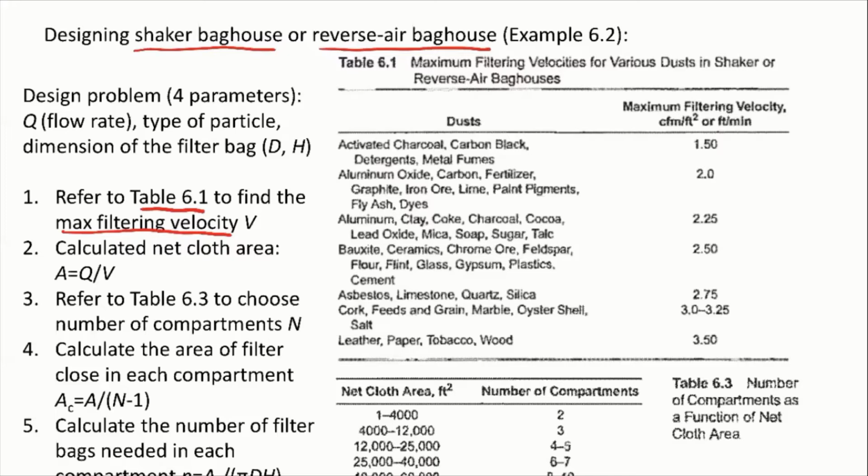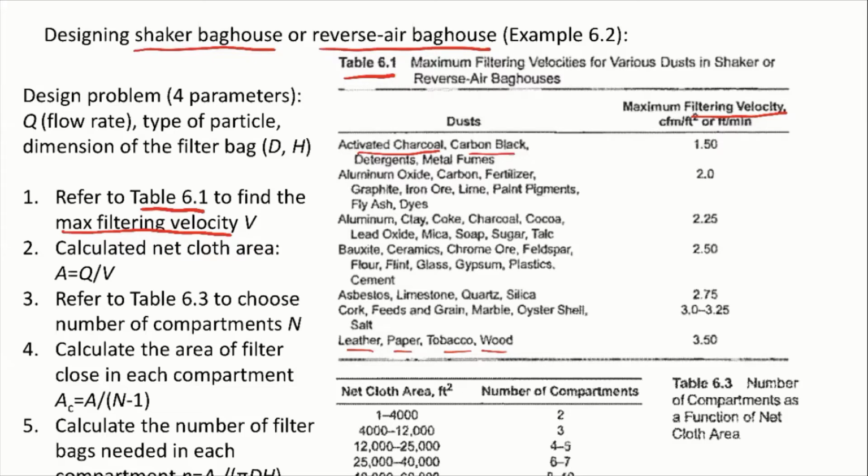In table 6.1, we find a series of different types of particles. It can be activated charcoal, carbon black, all the way to leather, paper, tobacco, and wood. So for different types of particles, they can have different maximum filtering velocity. This filtering velocity is just the phase velocity we talked about.